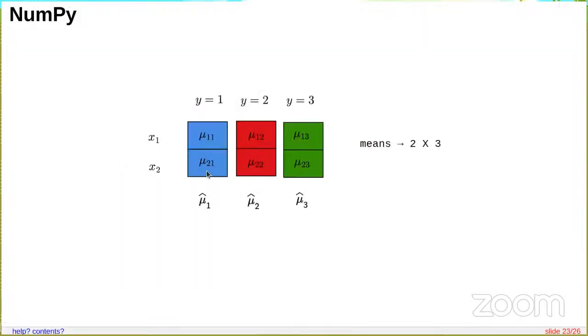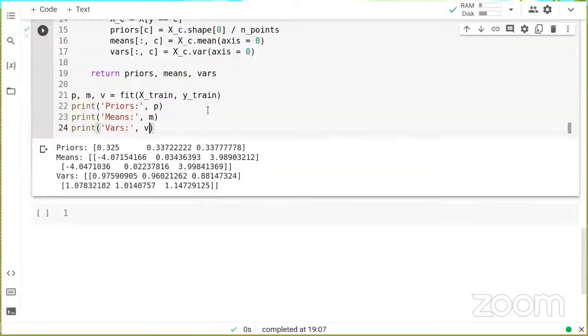how do I view this? I should look at it as columns, right? So class one is -4, -4. Class 2 is 0, 0. Class 3 is 4, 4. Right. So we seem to be getting it more or less correctly. And if you look at the variances, they should all be near 1, right?